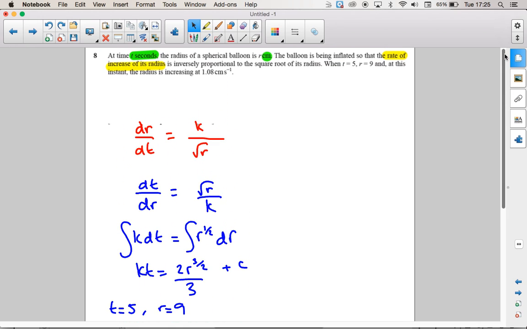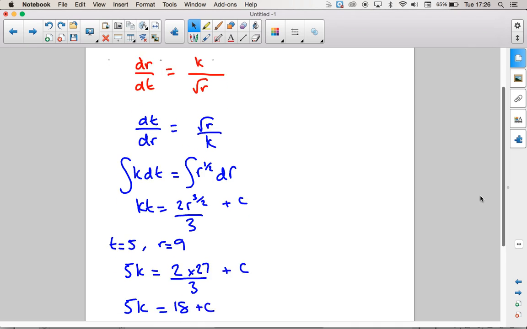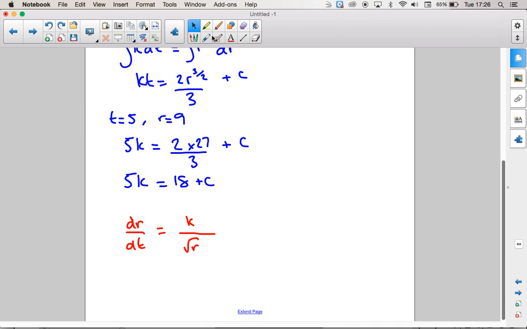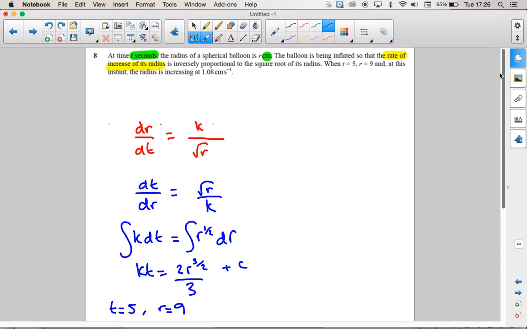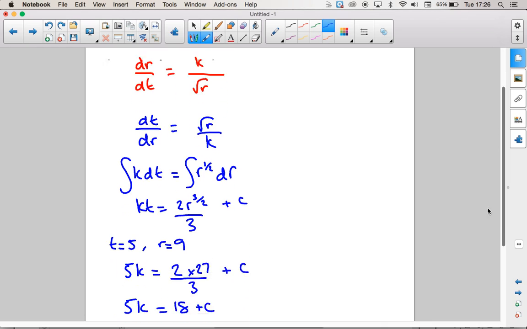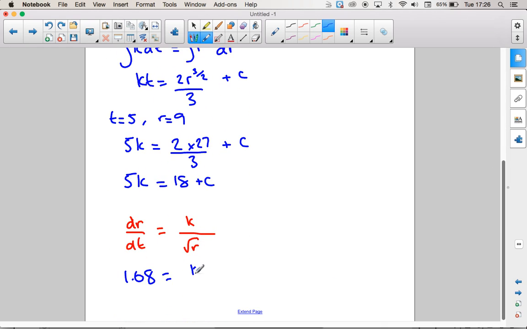We were told that when t equals 5 and r equals 9, the rate of increase is 1.08. So this is 1.08 when r equals 9. Yeah, 9, yeah. So that's k over 3. So actually this is going to help us work out k pretty easily. K is just going to be 3 times 1.08, which is 3.24.